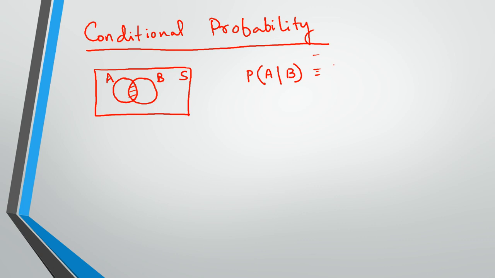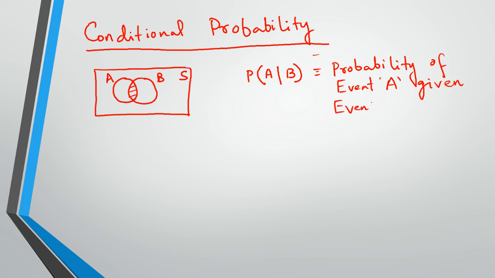It is called probability of event A given event B has already occurred. So this is called P A given B has occurred.